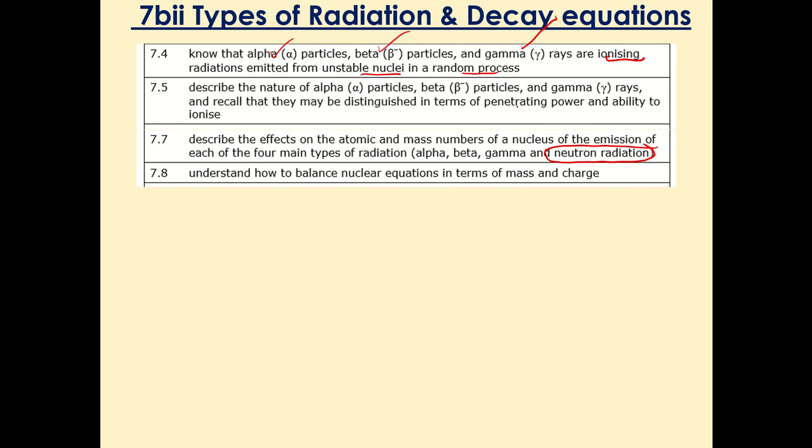We also know the penetrating power and the ability to ionize for alpha, beta and gamma. And we've talked about the effect on the mass numbers and atomic numbers for alpha, beta, gamma and neutron, and we've done balanced nuclear decay equations for alpha, beta and neutron. So that is everything for this video. Well done!